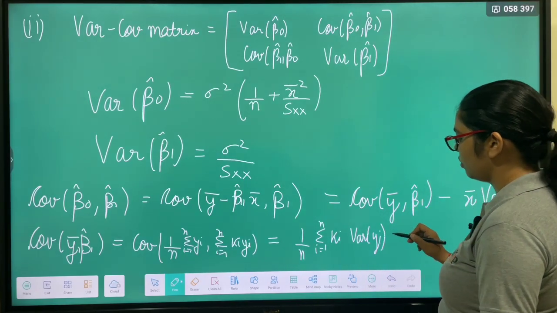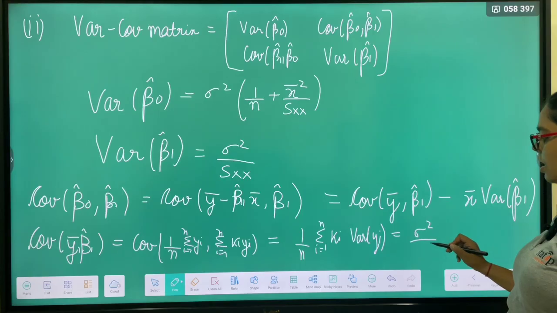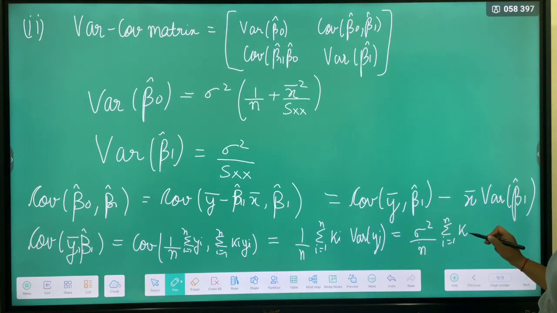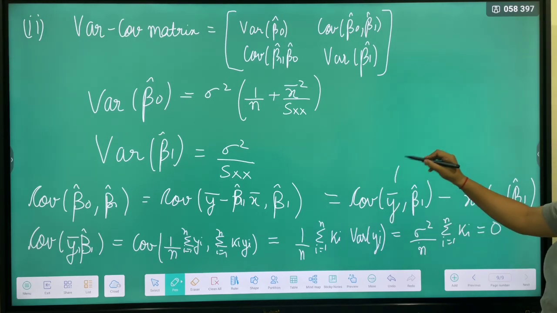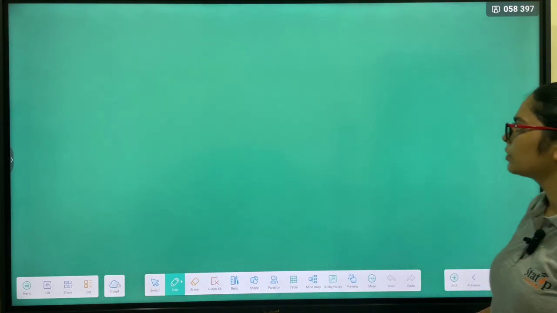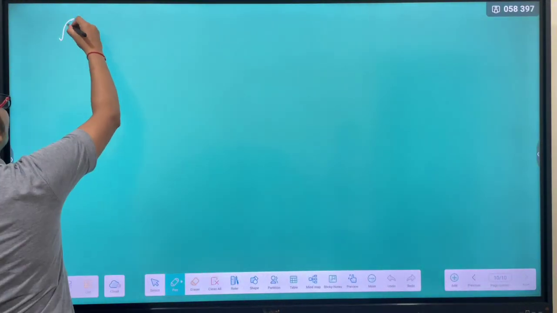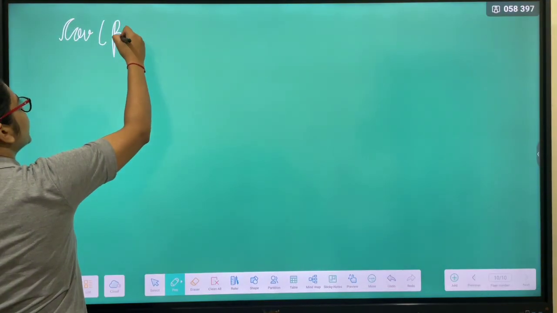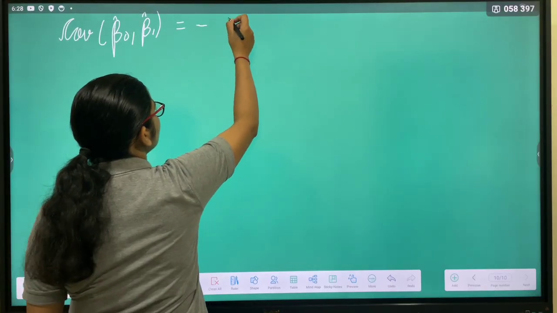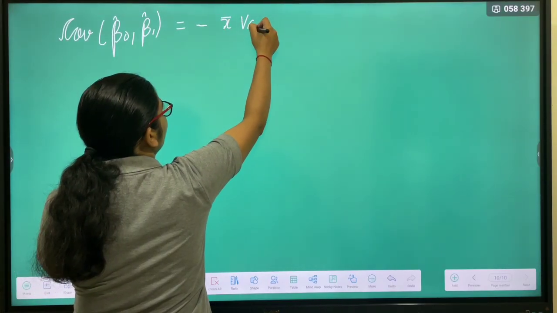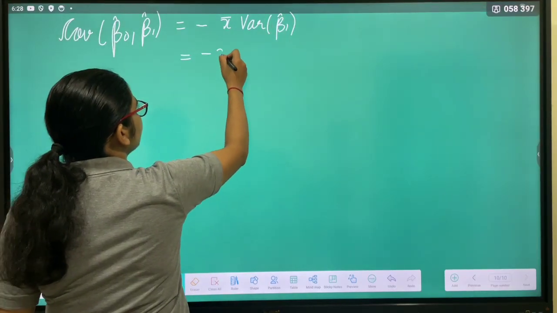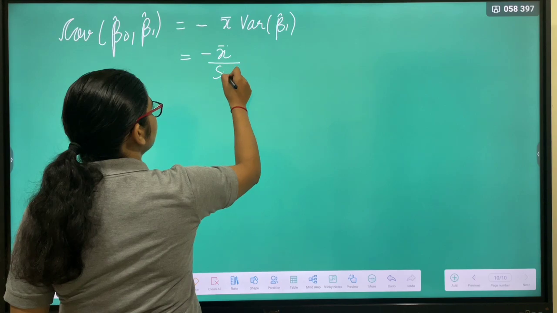Now variance of yi, we all know, is sigma square, and summation ki is nothing but 0. So this value becomes 0, and we are left with covariance of beta naught cap and beta 1 cap equal to minus x bar variance of beta 1 cap, which is minus x bar upon sxx.